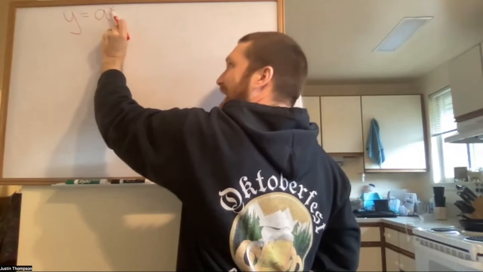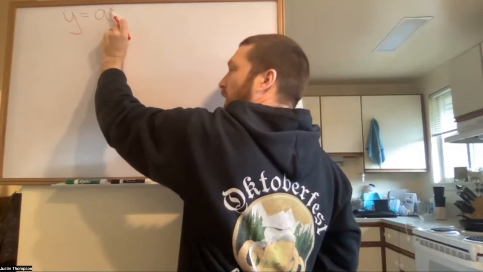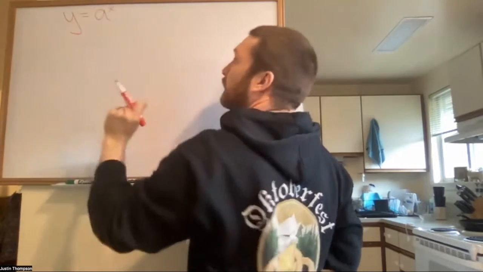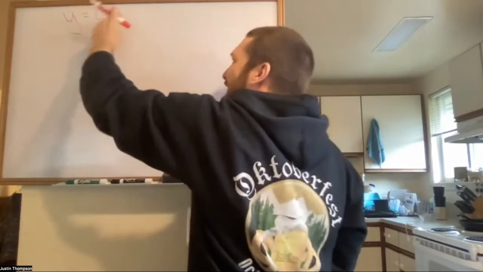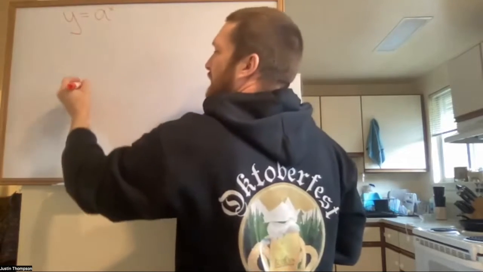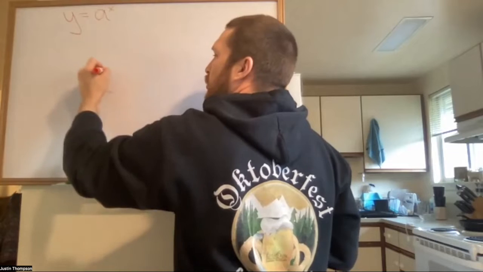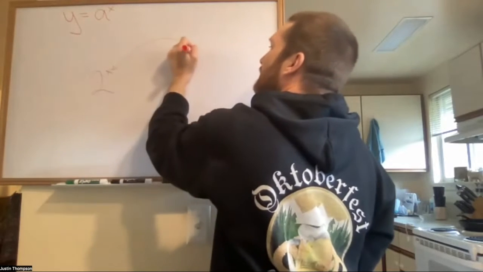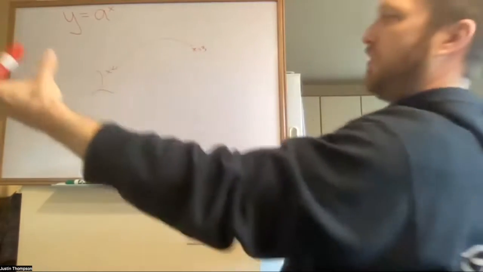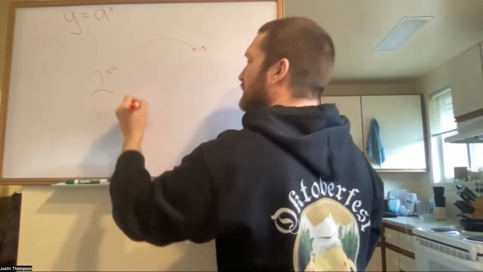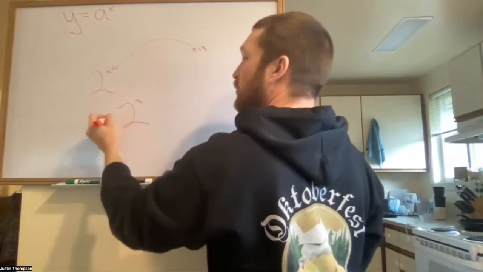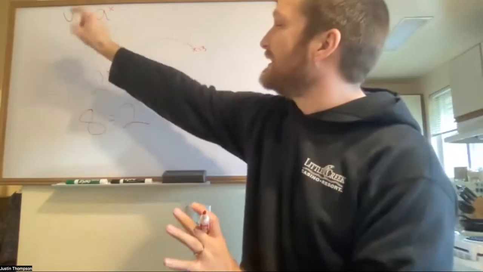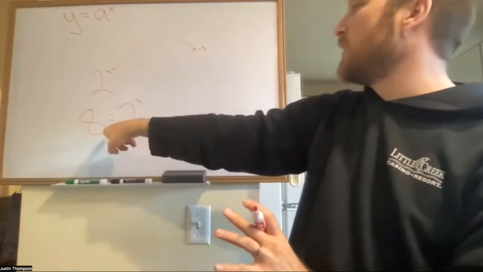This thing that's in the exponent is the input variable. And then there's the thing that you get when you compute it. So let's say we had 2 to the x, and we plugged in some value of x, like 3, we would get some number. 2 to the 3 happens to equal 8. And we'd say then that is the output value.